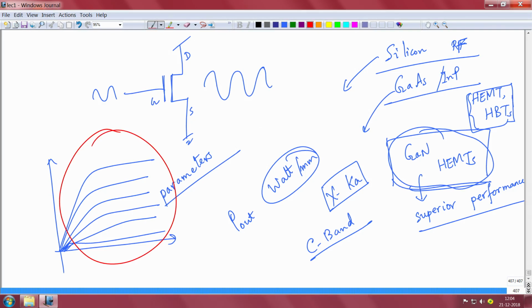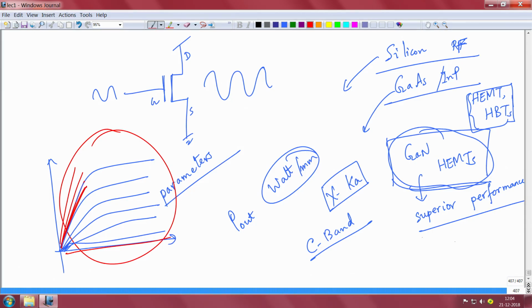For example, in a power switch, I am only concerned about the slope here. If the slope is good and the breakdown is good, then I am happy. But in a power amplifier, frequency comes into the picture, gain comes into the picture, and output power also comes into the picture. So the parameters you look at in an RF power transistor are different from those in just a power switch for a DC-DC converter, for example.